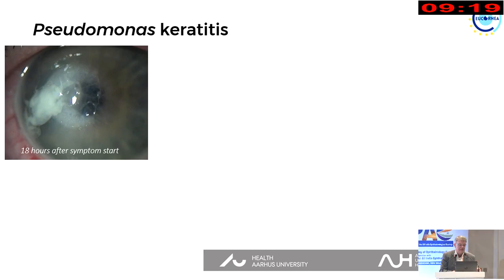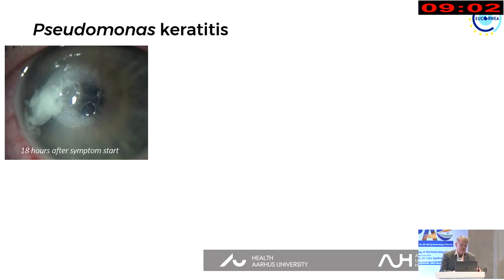Well, Pseudomonas keratitis, this is many years ago in our clinic. 18 hours after symptom start, the patient was a contact lens user. She showed up at our university eye clinic, and it looked like Pseudomonas.